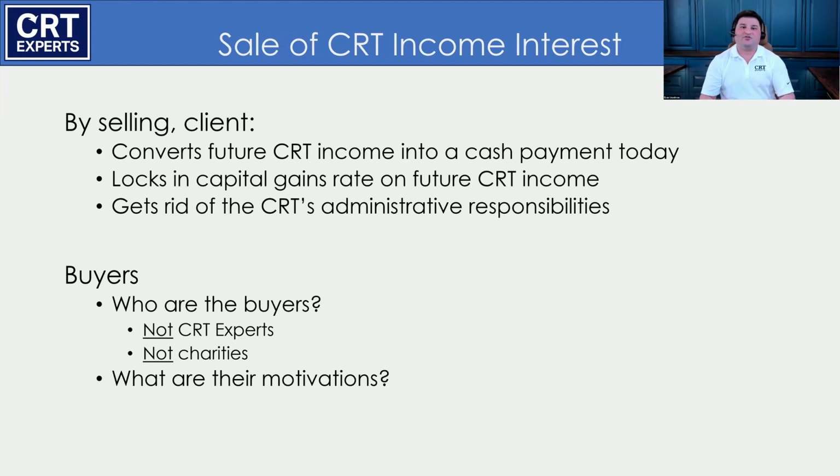So there's a tax differential between the buyer and the seller, which leads to different valuations put on that same stream of income. Beyond the obvious, if I'm buying the income interest in a CRT, I'm tying up a lump sum for quite some time. So good liquidity, high net worth. Beyond the obvious, what we've looked for over the years are clients who have some form of a tax attribute.